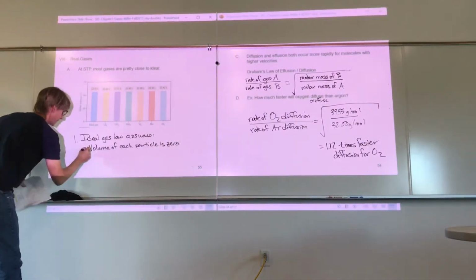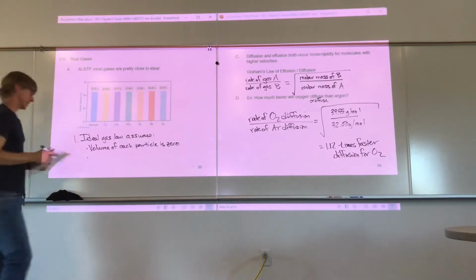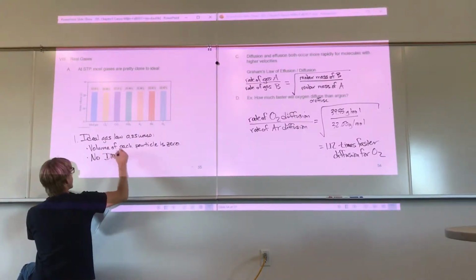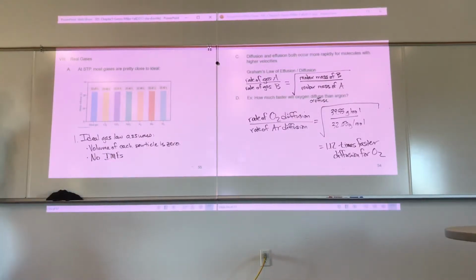And the second is that there are no intermolecular forces. No IMFs, and I guess how I'll put it is no IMFs between gas particles.